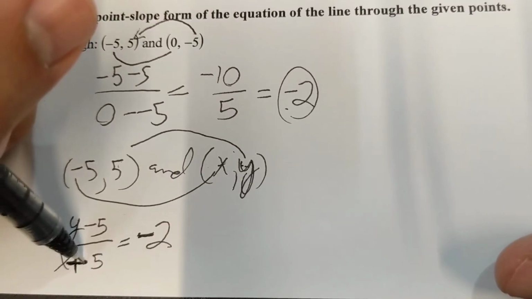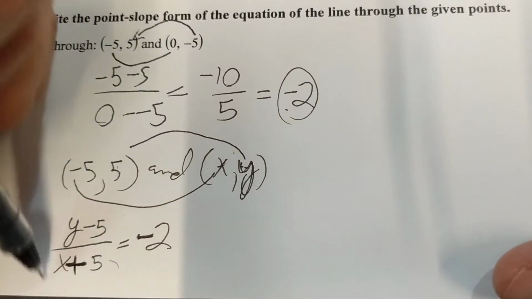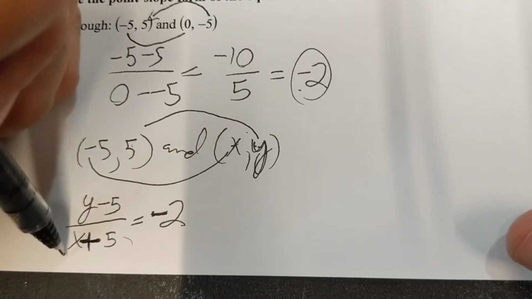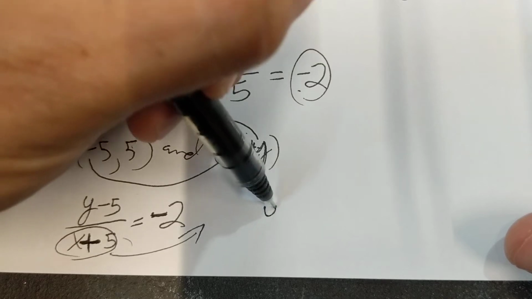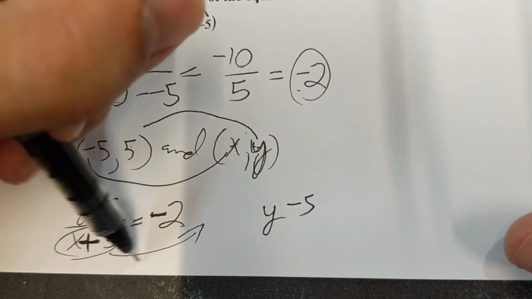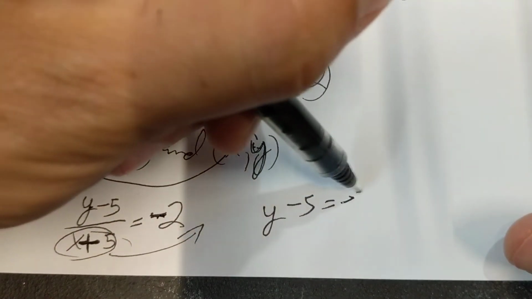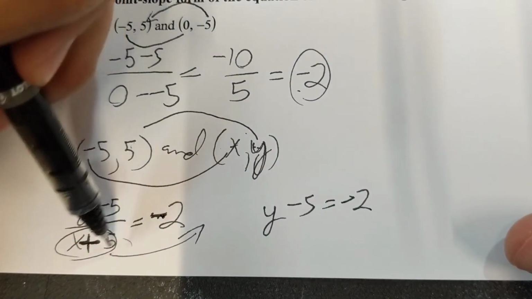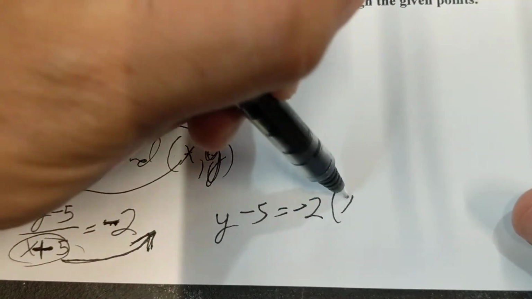Maybe clean up the x plus 5, and then remember, we're also going to clean up the fraction a little bit so we don't have any undefined issues, and I'm going to multiply this over there. And so the official form will be y minus 5 still here on the left. This part will be gone, so we're moving it over there. So we'll keep the negative 2 on the right-hand side, equals negative 2 times x plus 5, multiplying it out so that it's not a fraction there anymore.